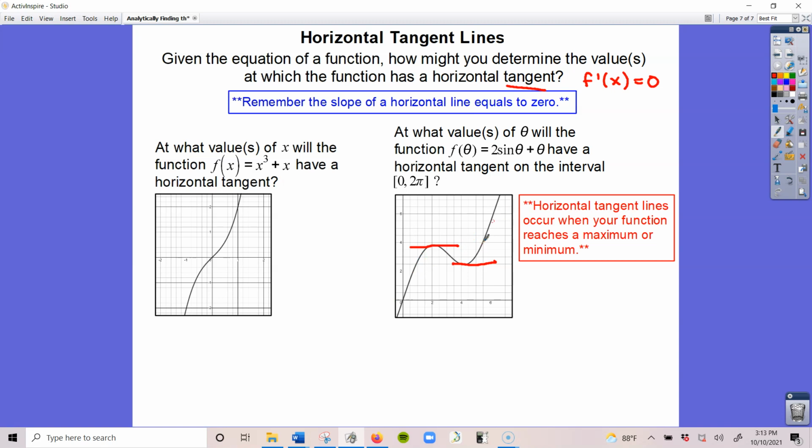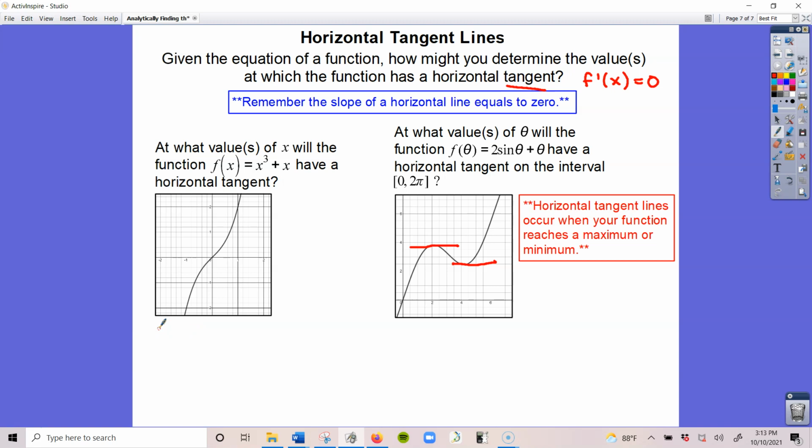Everywhere else would be some kind of diagonal line. So our horizontal tangents only occur at the extrema of our graph. Based on this graph, it doesn't look like we would have any horizontal tangent. So let's see what happens if I try to solve using the equation.